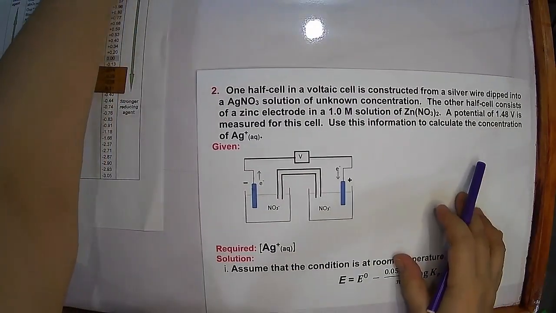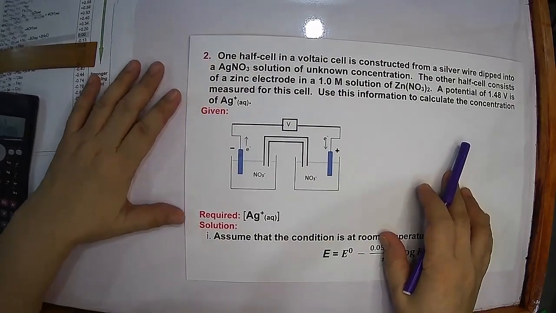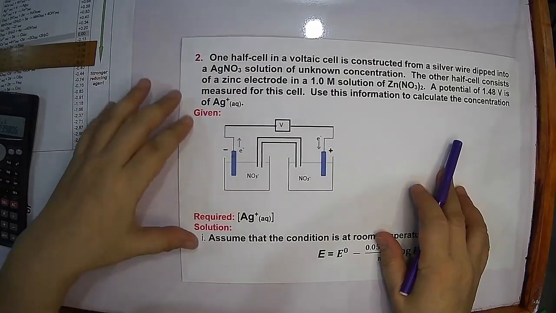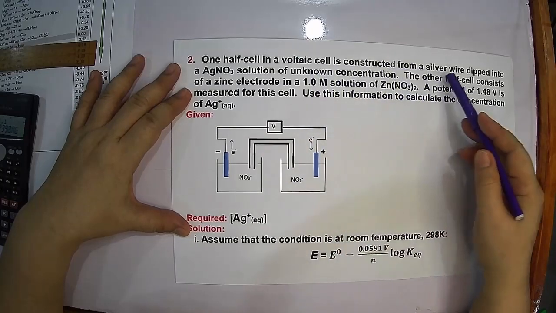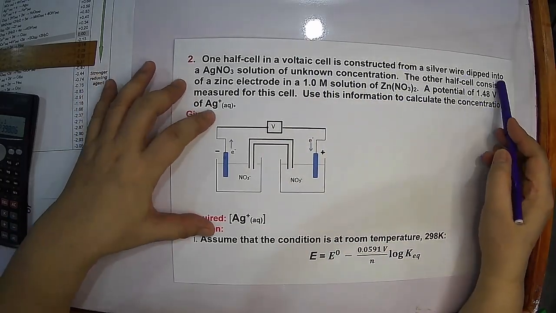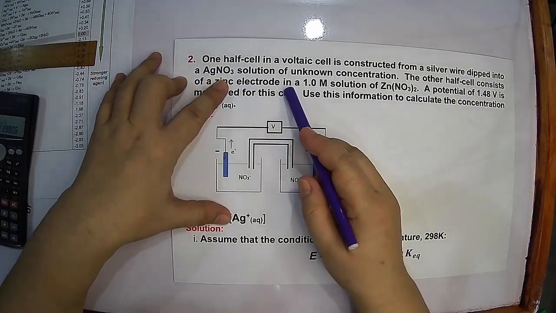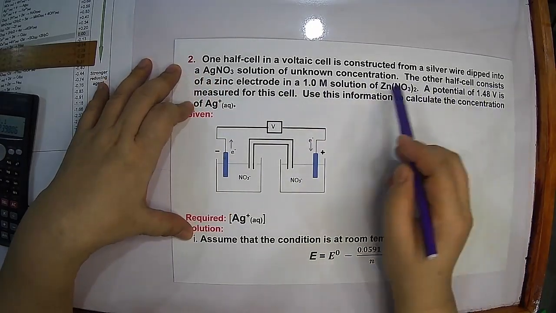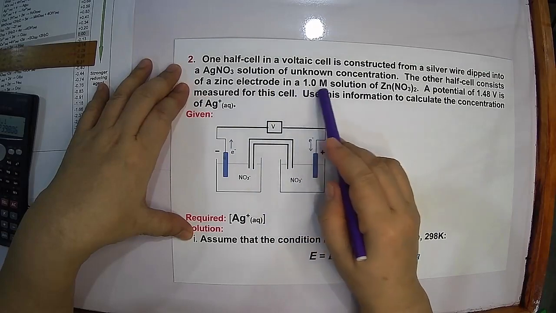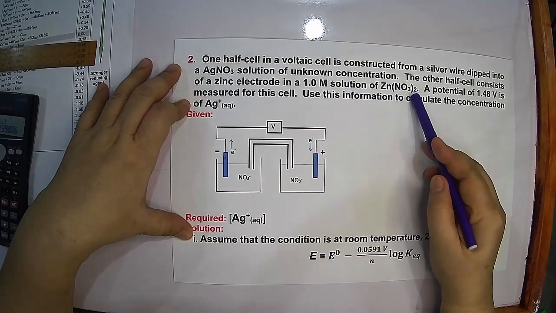Okay, for the next example, we are given here a half cell in a voltaic cell constructed from a silver wire dipped in a silver nitrate solution of a known concentration. The other half consists of a zinc electrode in a 1 molar solution of zinc nitrate.